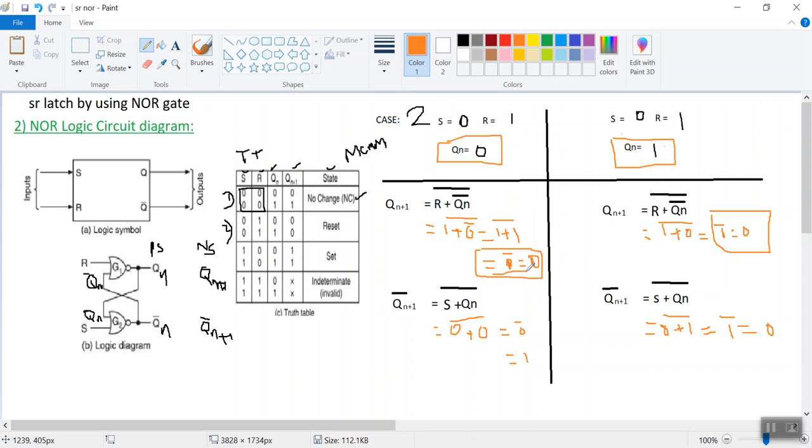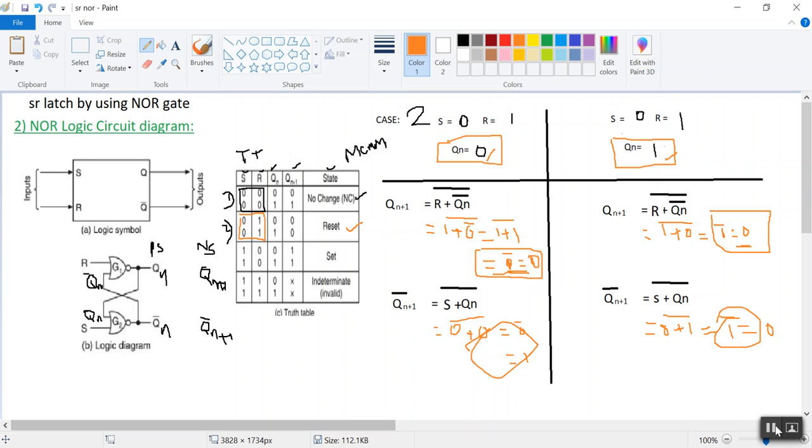So we can say that from these two cases, whatever the input, Qn is either 0 or 1, my output is always equal to 0, irrespective of Qn plus 1 and Qn plus 1 bar. So we can say that my output always goes to the reset state when S is equal to 0 and R is equal to 1.